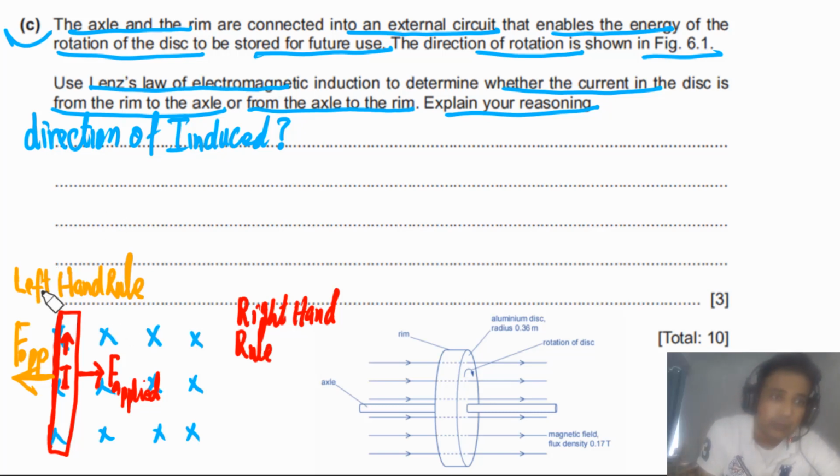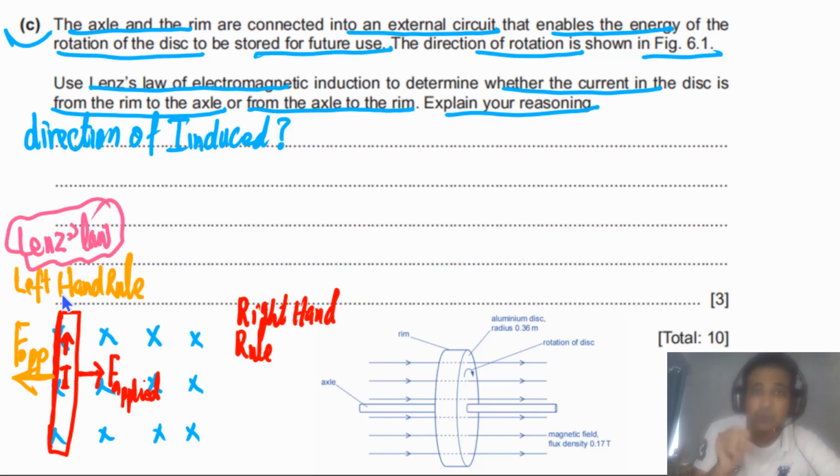We can use the left hand rule and we can find out the direction of induced current. This question is asking us to use Lenz's law of electromagnetic induction. So it means that we have to consider the opposing force and we need to find the direction of induced current. So we will be considering Lenz's law to answer this question.